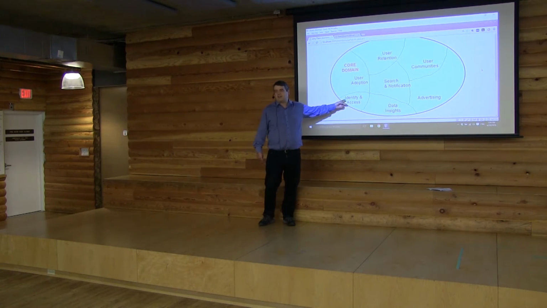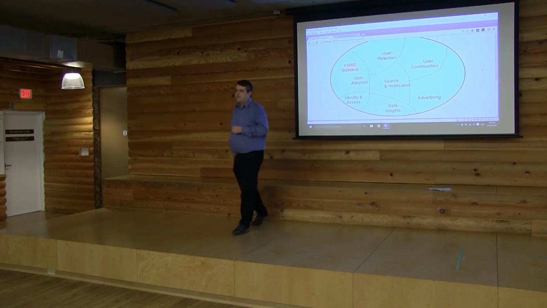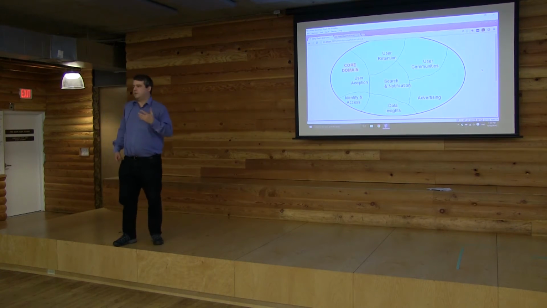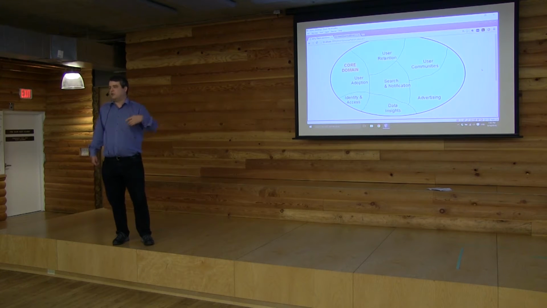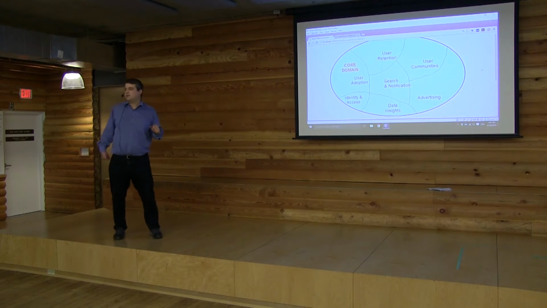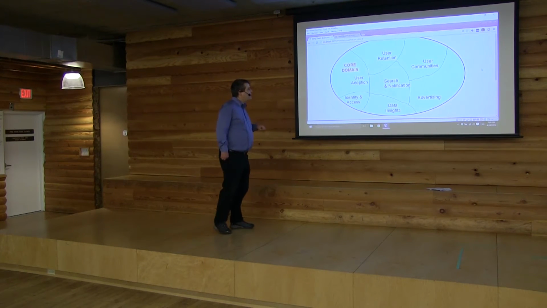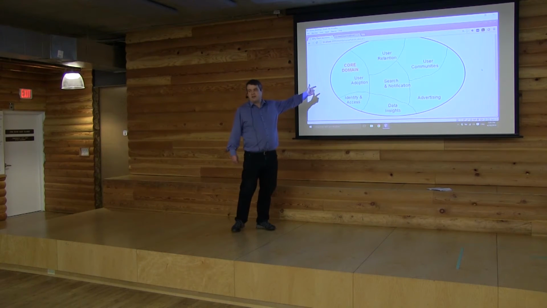It's also to identify things which are more generic, like identity and access. What do you build yourself? What can you do with other APIs or other services or something? So there's an element of buy-or-build decisions in there if you get the domains right. So these are our domains.